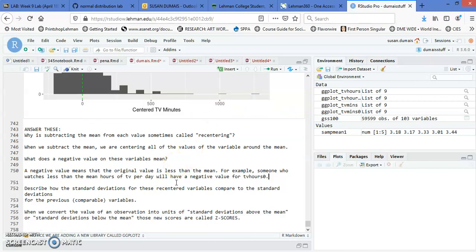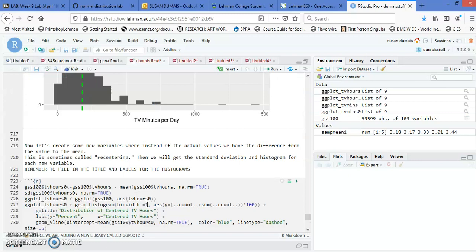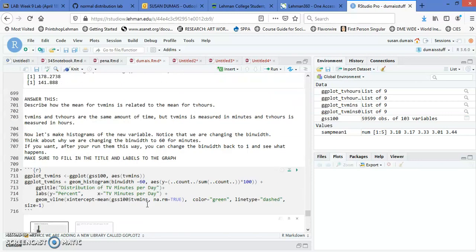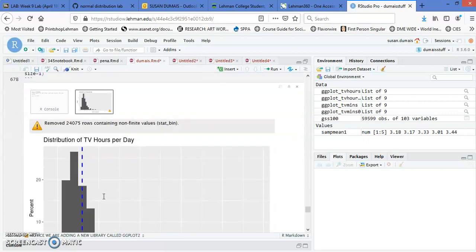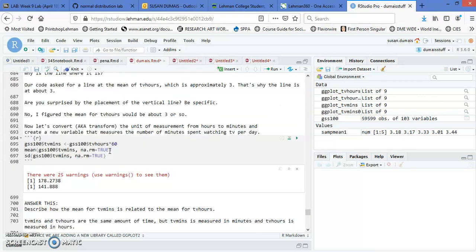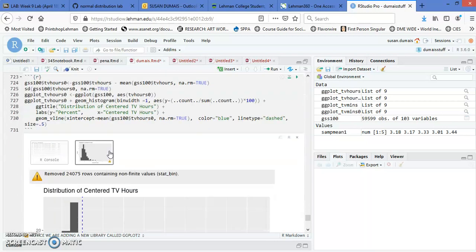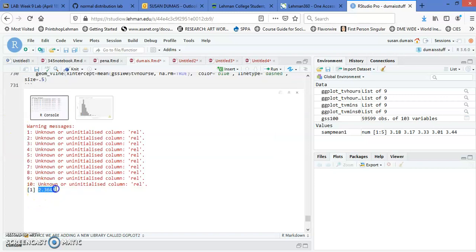Describe how the standard deviations for these recentered variables compare to the standard deviations for the previous variables. TV hours, which is what we began with, had a standard deviation of 2.3648. Centered TV hours, 2.3648.